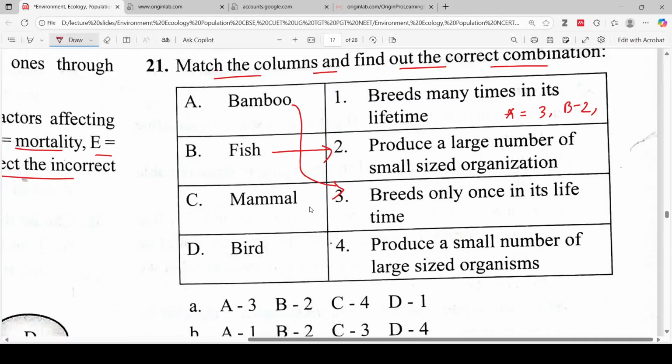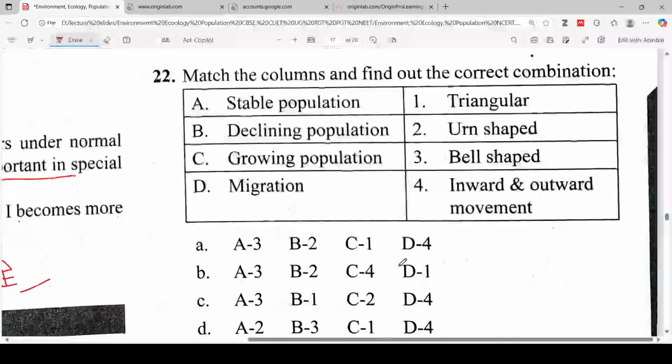Mammal, C 4. And bird, D 1. So the correct answer is option D.